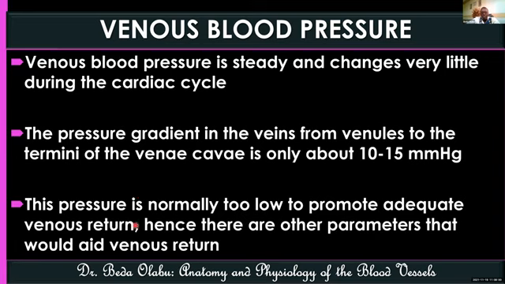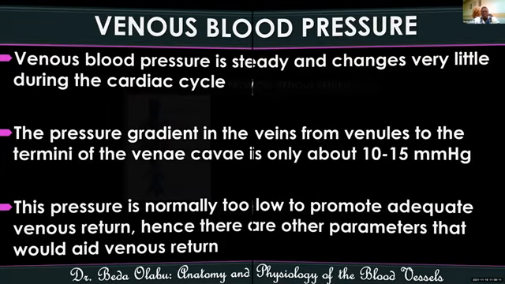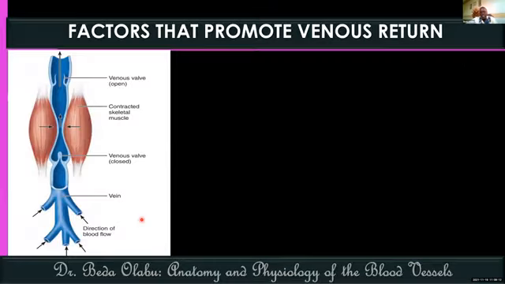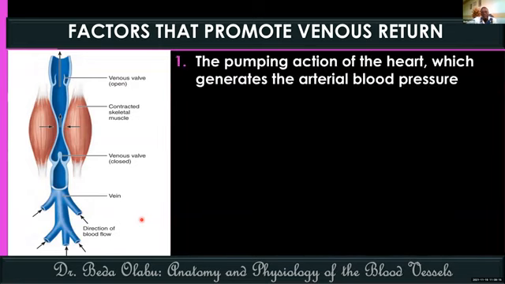For that reason, some other parameters must come into play to help blood in the veins go back to the heart. What are those parameters? What factors will promote venous return? Well, one of them is the pumping action of the heart, which creates the pressure in the arteries, and that is why we have that pressure gradient.